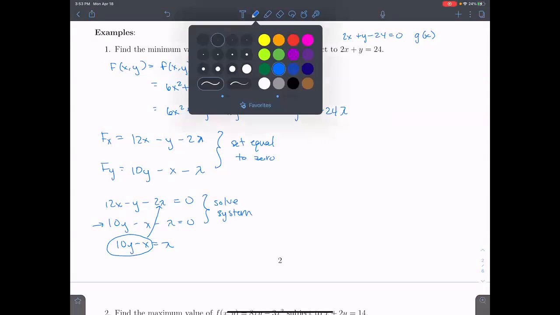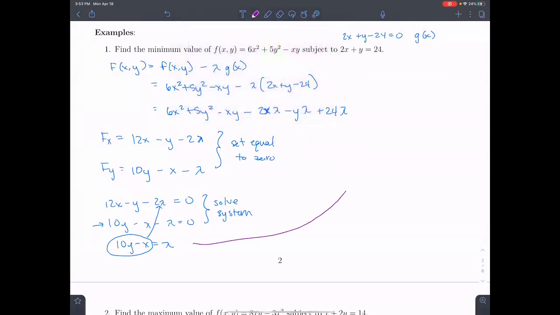So there's not a lot of space here, so I'm going to take all of this and move up here. When I plug that in, I have 12x minus y minus 2 times lambda. Lambda now is 10y minus x. This equals 0. So I have 12x minus y minus 20y plus 2x equals 0.